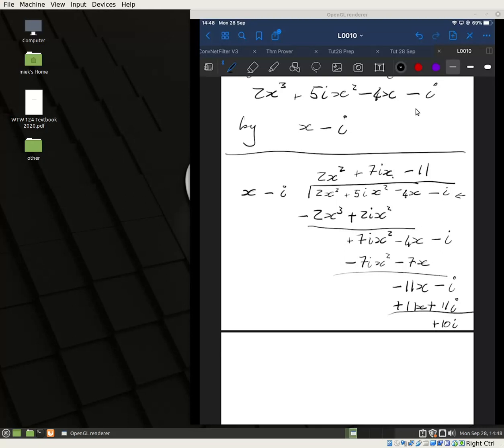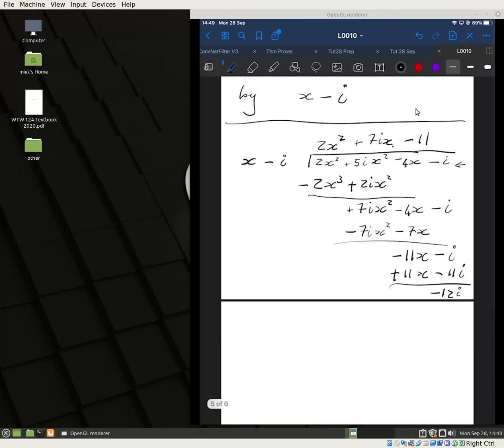Did I make a sign mistake here? Oh, yes, that is supposed to be a minus, let's just do that again. So minus 11 times x is minus 11x, and minus 11 times minus i is plus 11i, changing all the signs, that becomes a minus 11i, so this becomes minus 12i.